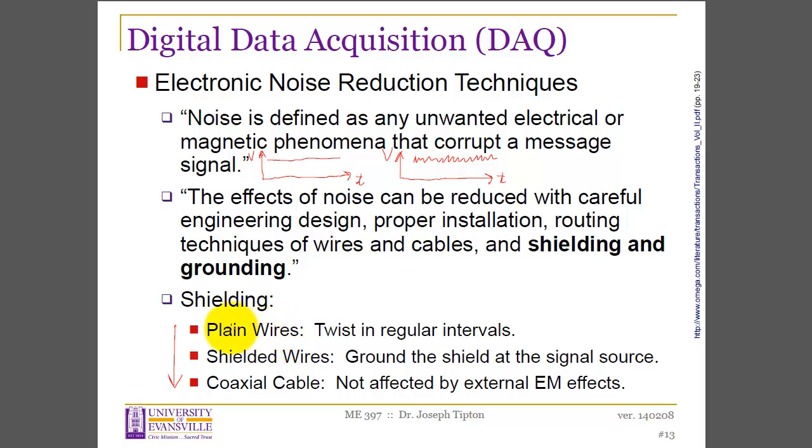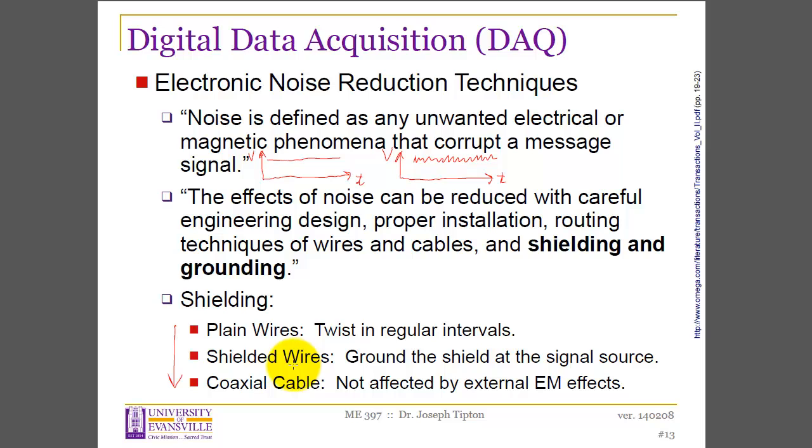So the easiest thing, if you have 2 plain wires, twist them in regular intervals. By twisting them together, you're going to, I believe, cancel out any sort of antenna effects on the wires. The next thing we can do is use a wire that also has a shield in it. If you remember using the load cells, note that there were 4 color-coded wires.